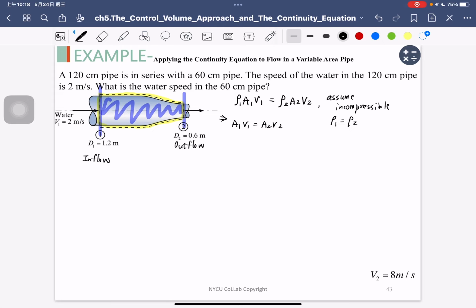And then we know the velocity V1, but we don't know V2.